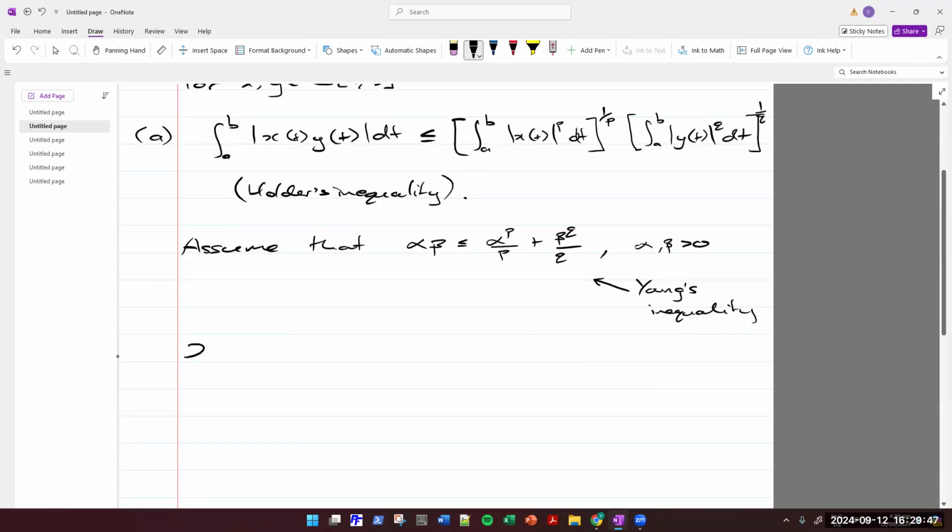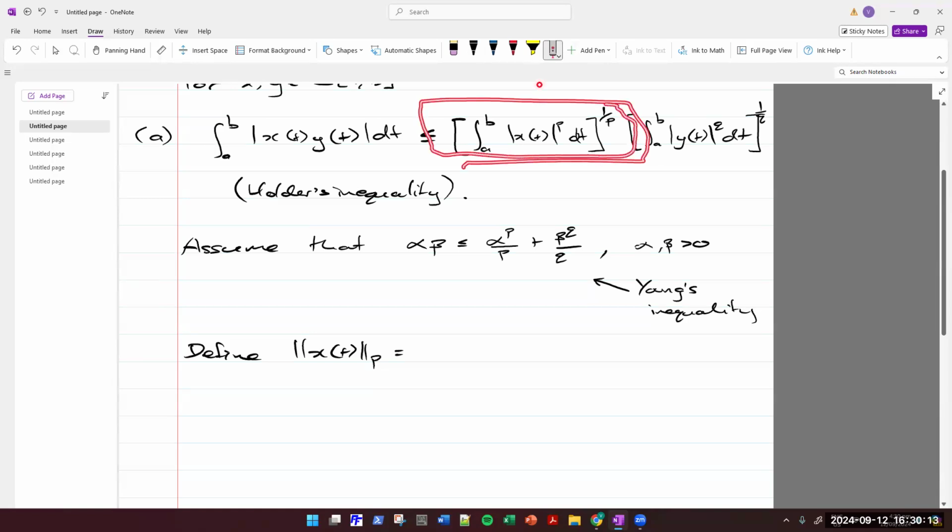So I'm going to define, or let, the norm. I'm calling it a norm, but we haven't proven that. So the p norm of some function x to be exactly what you see here.